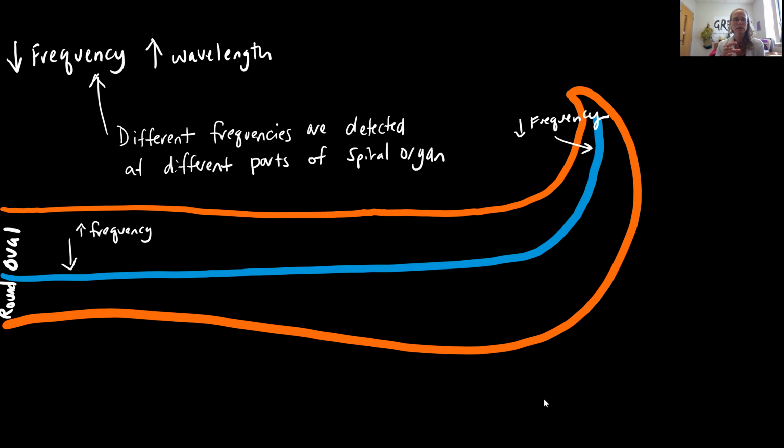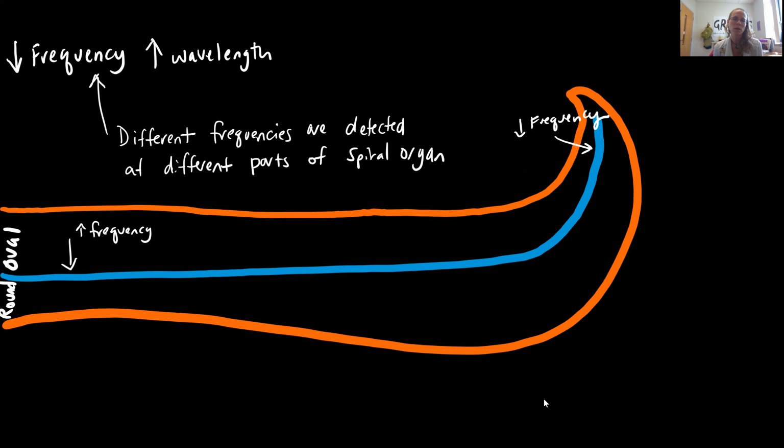If it's a low frequency, it has a very long wavelength, and so it's going to stimulate that basilar membrane further along the spiral organ than a real squeaky, high-pitched sound, which is going to have a shorter wavelength, and it's going to be hitting that basilar membrane closer to that entry point.